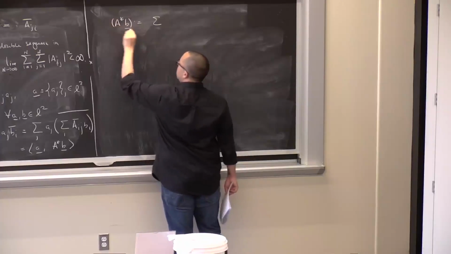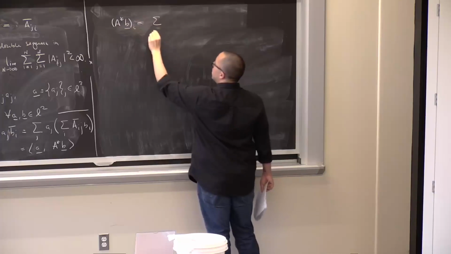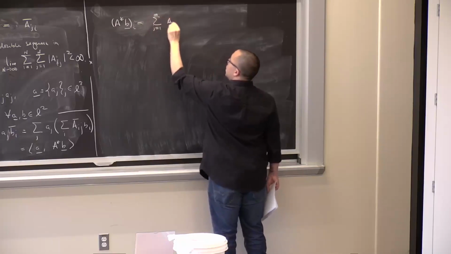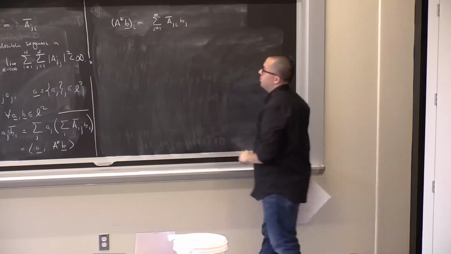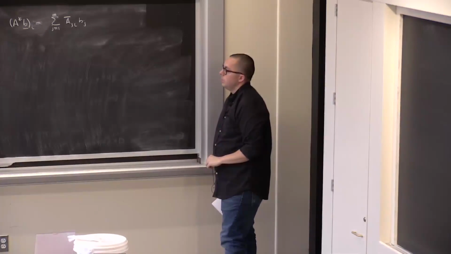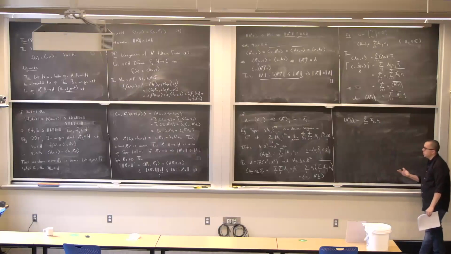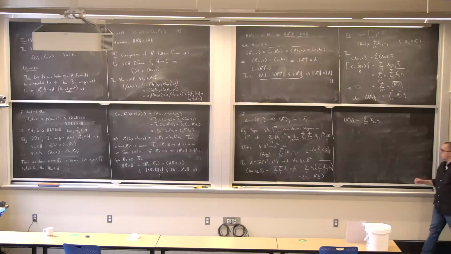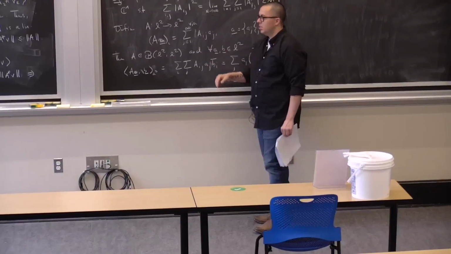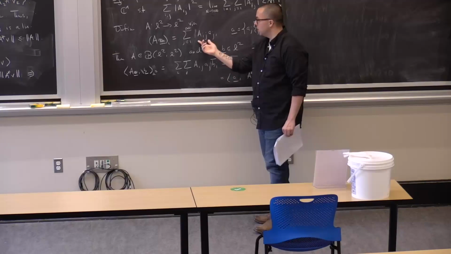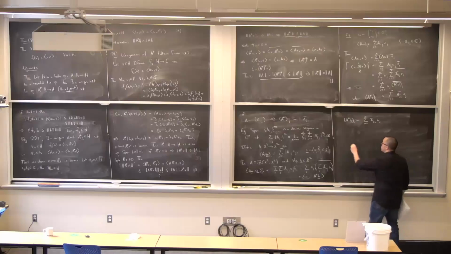And so here, the ith entry in this new sequence in L2 is defined to be the sum from j equals 1 to infinity of A_ji complex conjugate, B_j. Okay? So, just like in the finite dimensional case, if I switch the indices of this double infinite matrix, if you want to think of it that way, it's the same as in the finite dimensional case. All right?